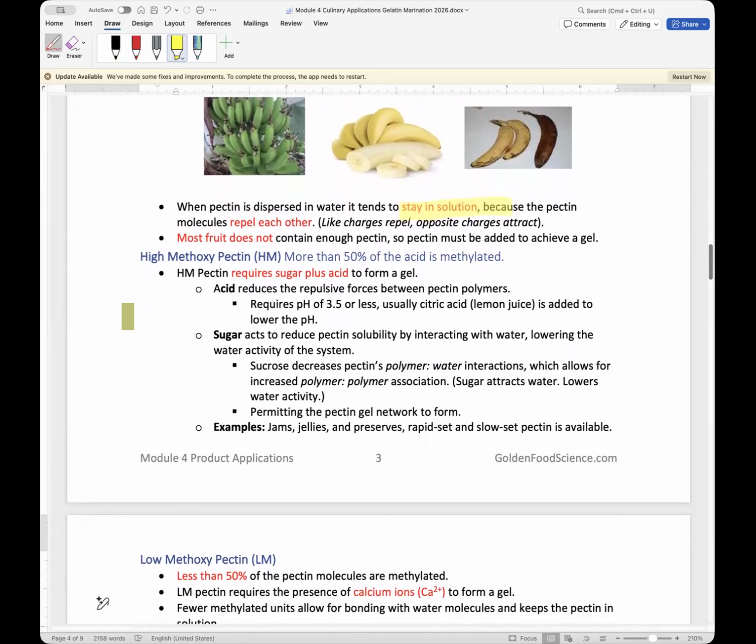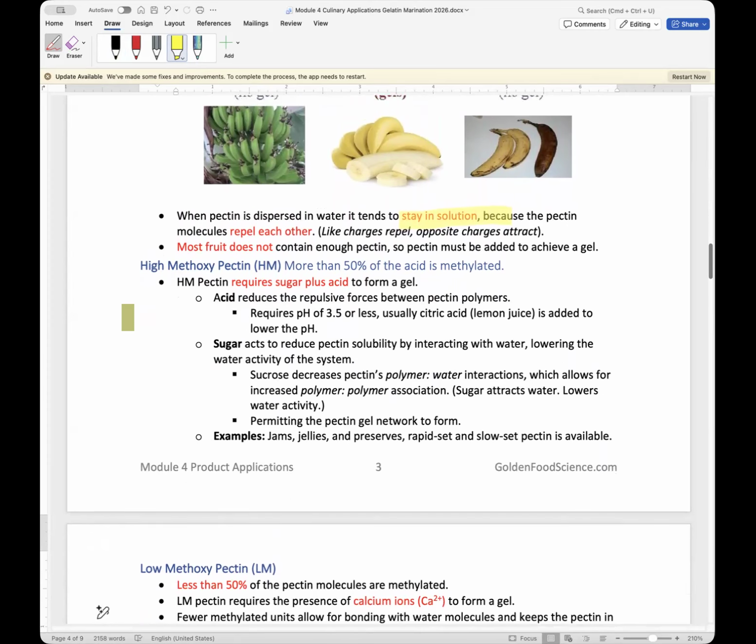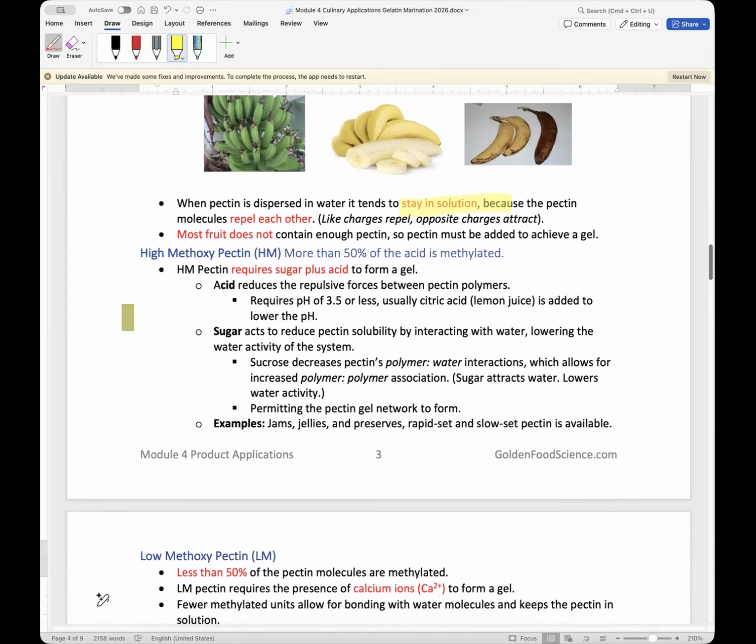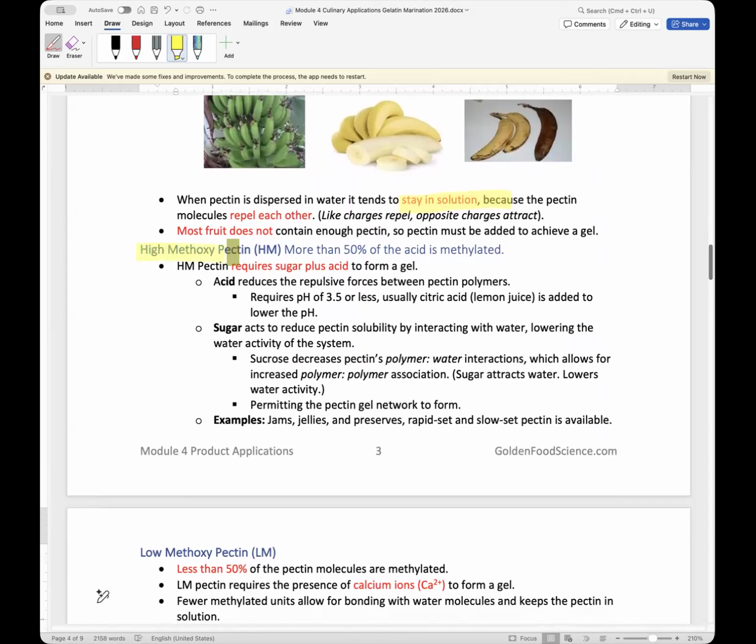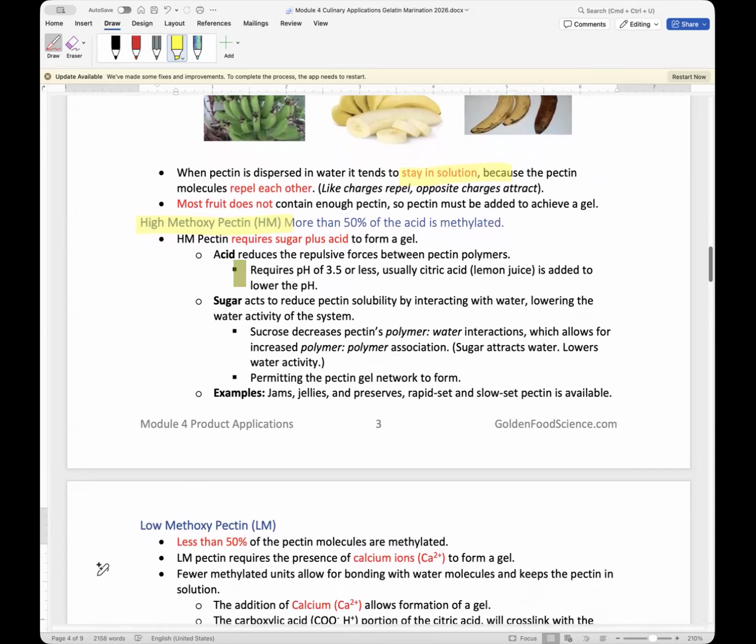There are two types of pectin. The most common type, the kind we use for normal sugars, is high methoxyl pectin. A methyl unit is a CH3, right? So high methoxyl pectin requires acid and sugar in order to gel.